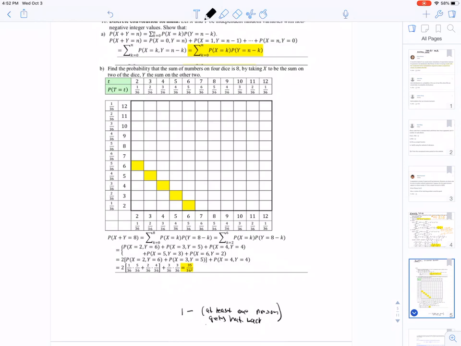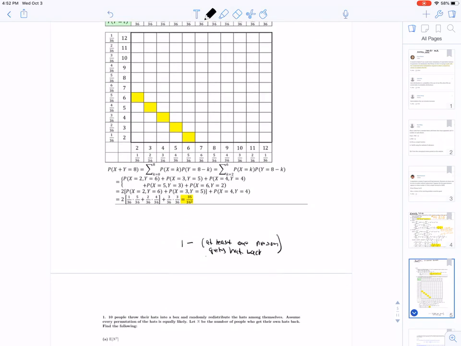So I've written out the distribution for both X and Y and put them in the margins here for this joint distribution of X and Y, of which we're interested in the highlighted cells. There are 5 such cells corresponding to the probability that X plus Y is 8. And I find those probabilities, X and Y are independent, so it's a product of the marginals.